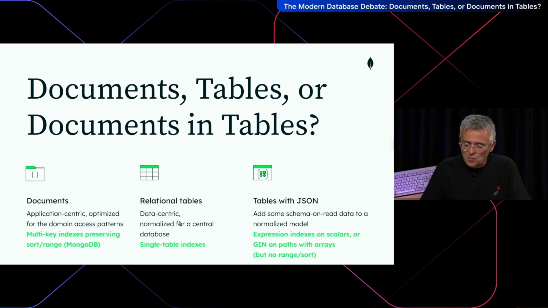You can go with relational tables if you really want a data model that is independent of the application. But think about the fact that each index is on a single table, so you will have a problem when you have selective filtering on multiple tables, and then you may have to denormalize there. And you can also have tables with JSON in it, but think about the indexing possibilities.